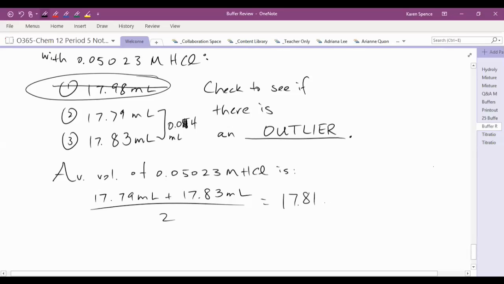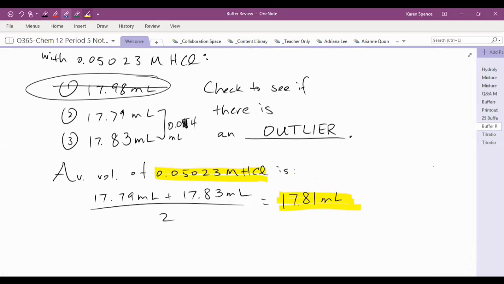I feel like I should have been able to do that in my head, but I couldn't. Okay. So that is our molarity of our HCl, and there is our volume.